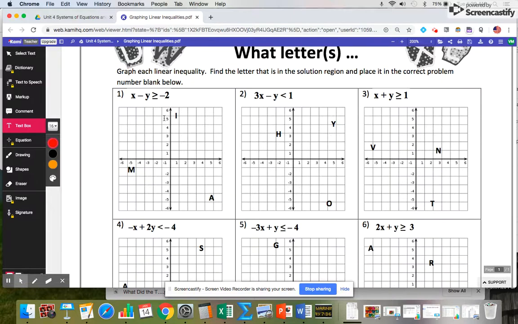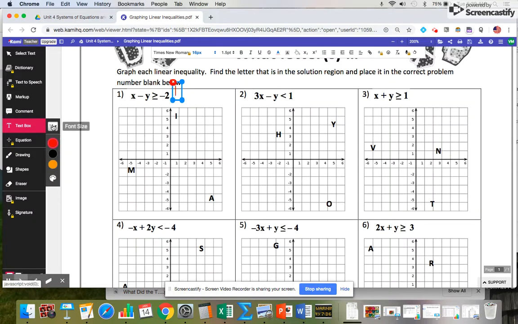The first inequality is not written in slope-intercept form. So I want to do that. I'm going to use my text box tool, and I'm at 16-point font size. And I'm using red so it stands out from the black that's given. Let's subtract x from both sides. Negative y is greater than or equal to negative x minus 2.